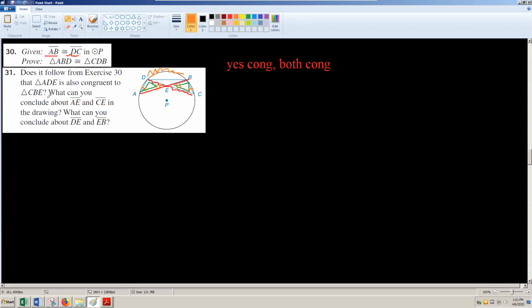So we got yes. If they are two congruent triangles, then their corresponding sides are congruent. So here and here.